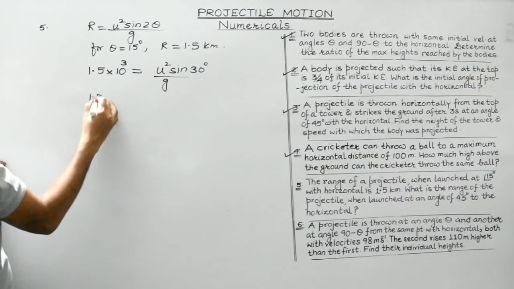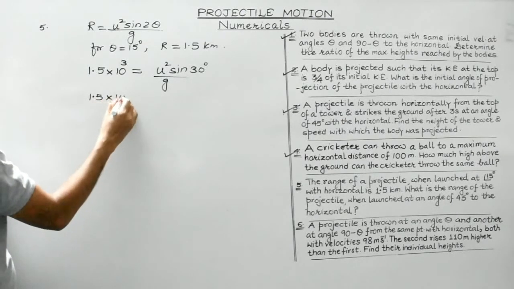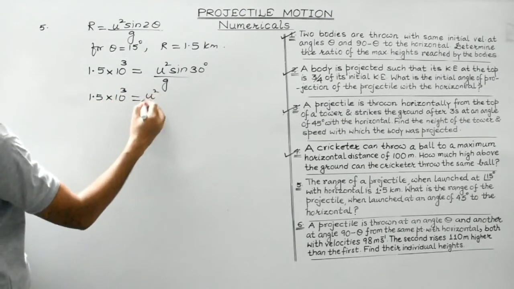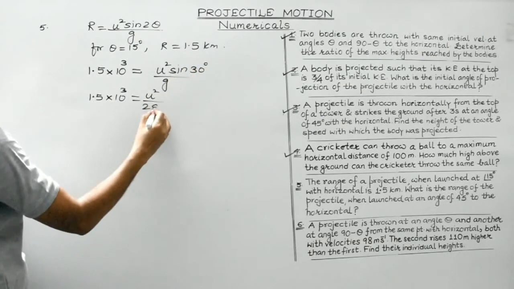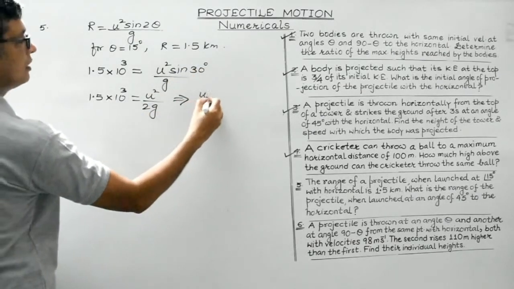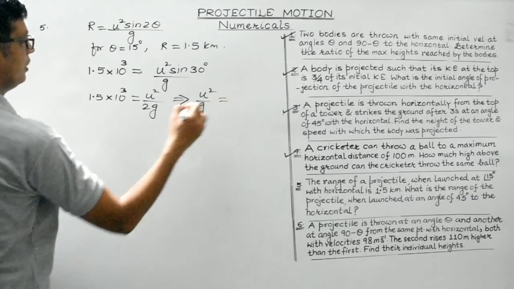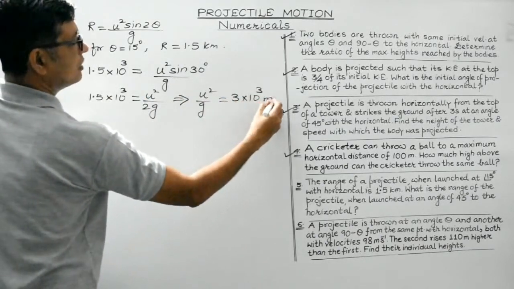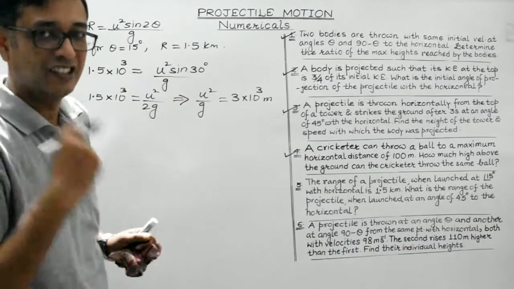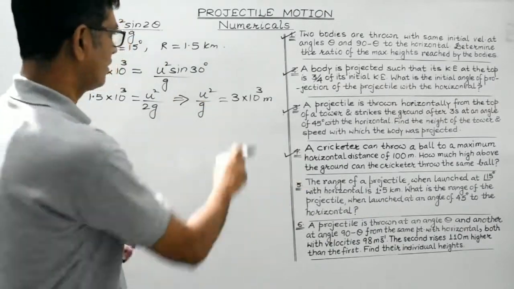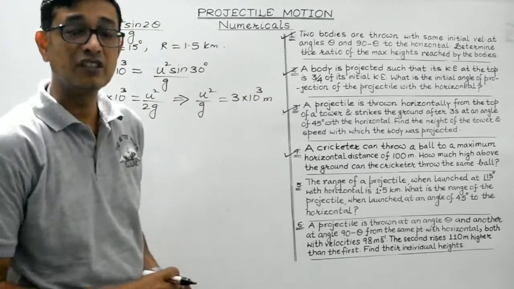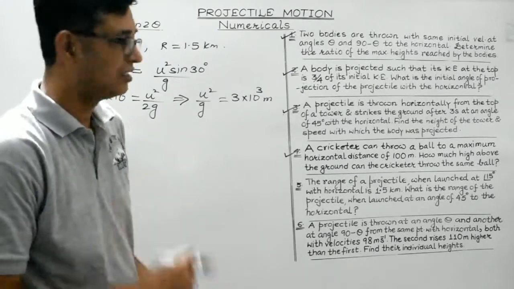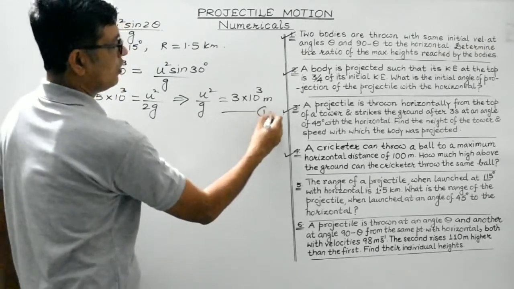So that will give us 1.5 into 10 raised to the 3 is equal to U square by G into sine 30, which is half, which implies that U square by G would be equal to 3 into 10 raised to the 3 meters or 3 kilometers, right? Here I am considering the SI system, so distance is considered in meters. So put this as equation 1.